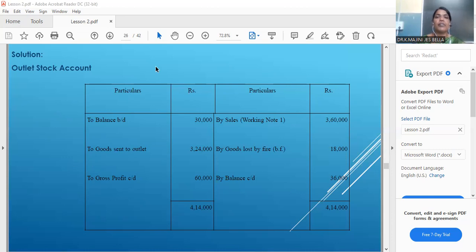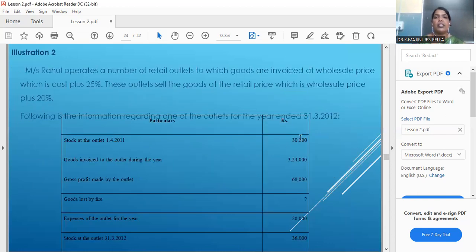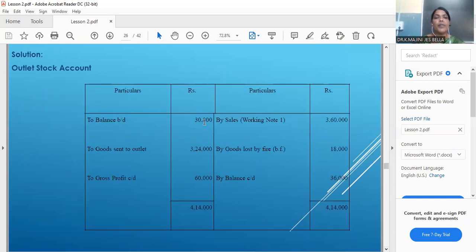Then on the debit side we have to write to balance b/d. How much is the balance? 30,000 are there, right? So we can write here to balance b/d 30,000.